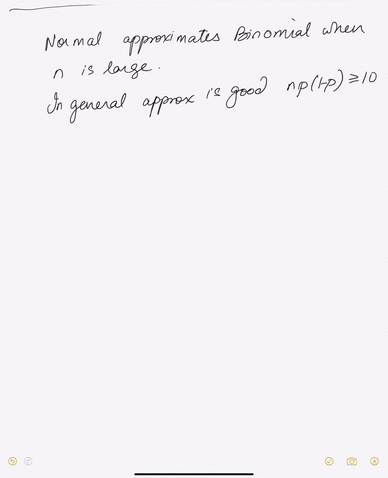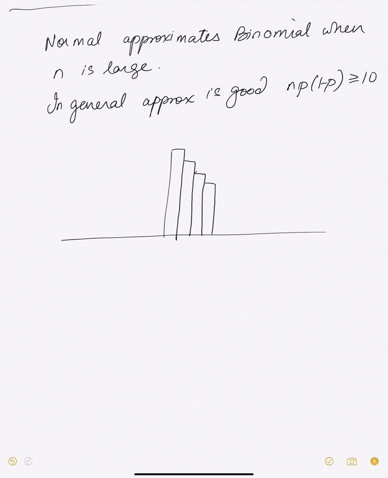I'm just going to show you a little histogram, or the bar graph. If you remember, the probabilities for a binomial random variable look something like this. They don't have to be exactly symmetric, but it does look like a normal random variable curve.